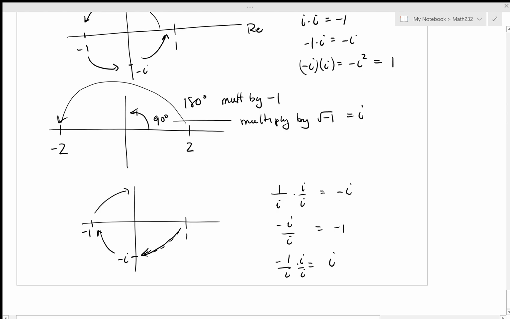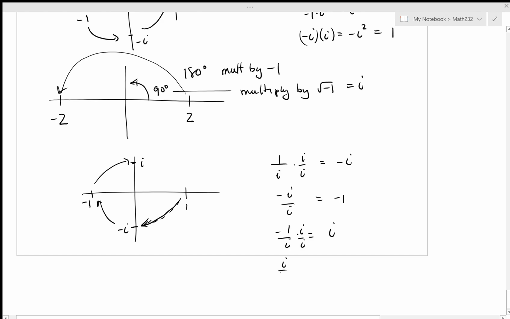It comes up here. Then finally, I take i divided by i, and that is 1, and I rotate back here. So both multiplying and dividing by i rotate you by 90 degrees. Multiplication is rotating counterclockwise, and division is rotating clockwise.